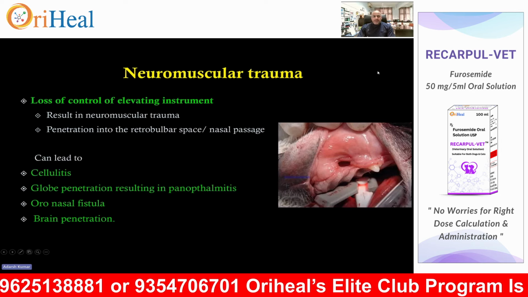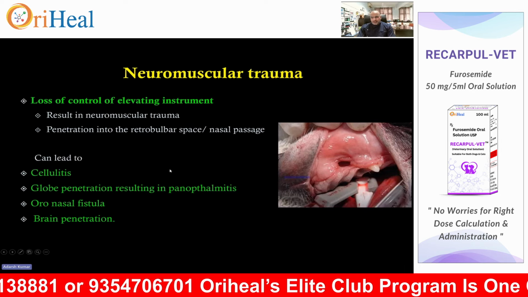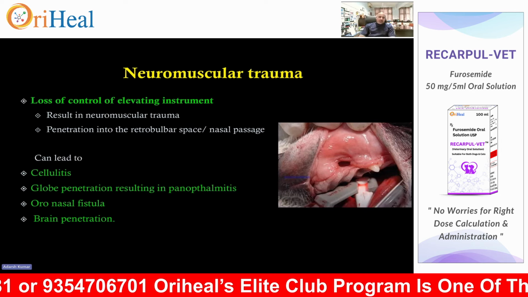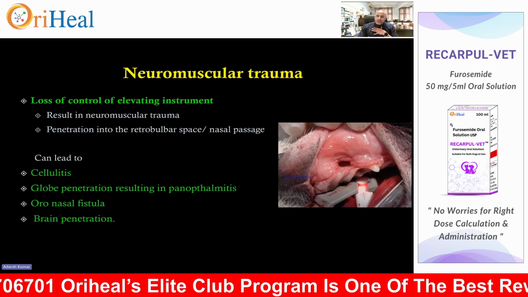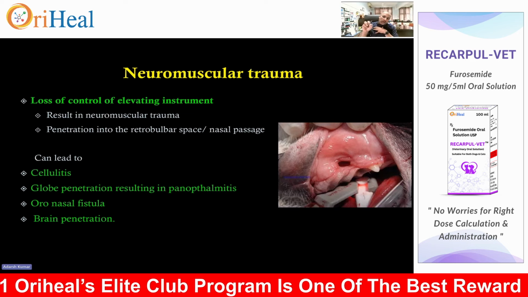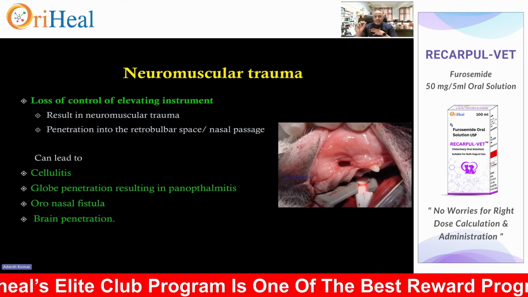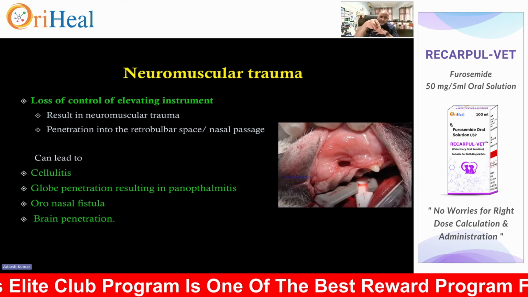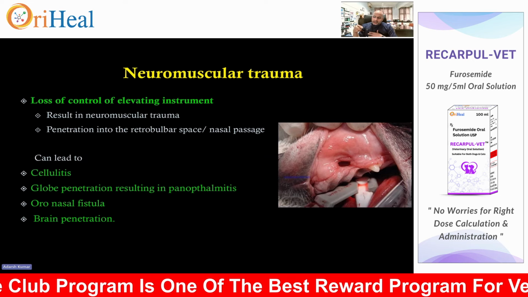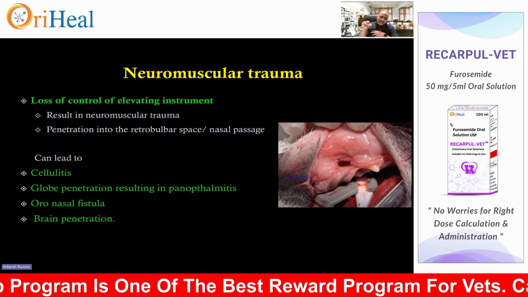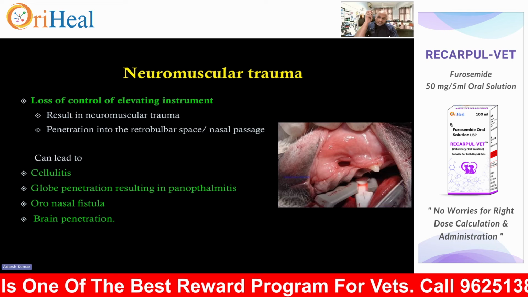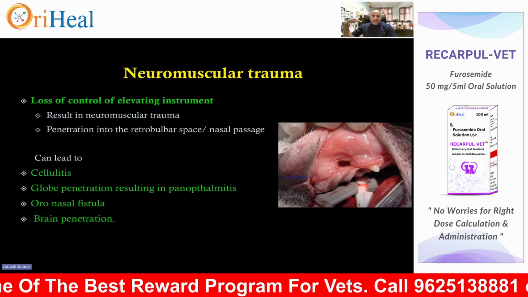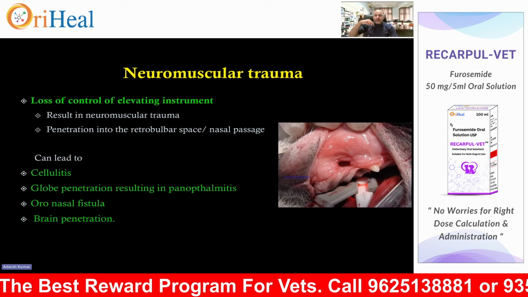Right. Now, some of the complications are the neuromuscular trauma here. All the neuromuscular traumas occur because of the inadvertent use of the elevators. When you give pressure, it cuts open the apical region of the tooth and goes inside into the infraorbital foramen, into the mandibular canal in the lower jaw, or into the nasal passages in the upper jaw.